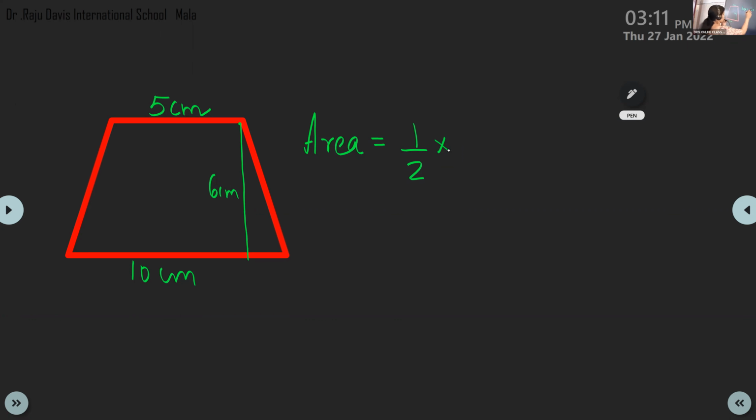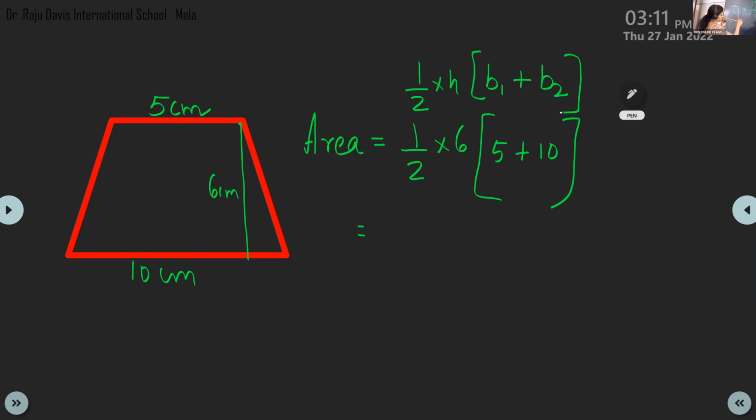Half into height, which is 6, into 5 plus 10, isn't it? Base 1 plus base 2. So write the formula half into h into base 1 plus base 2. So 2 3s are 6. So we have 3 into 5 plus 10. 5 plus 10 is 15.